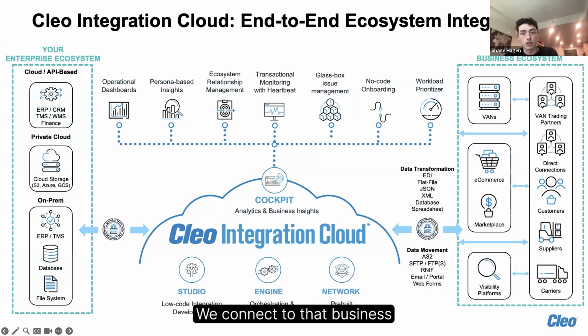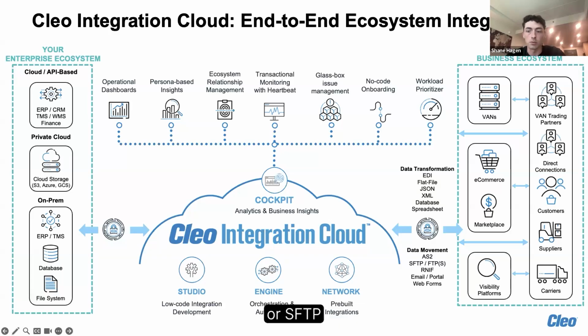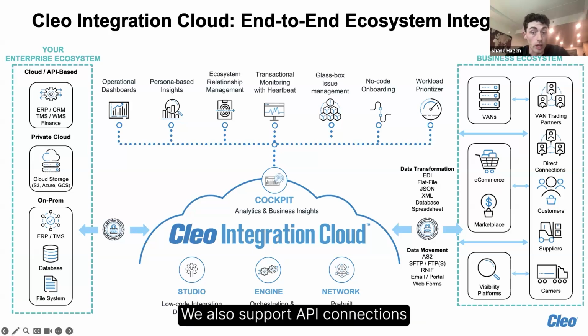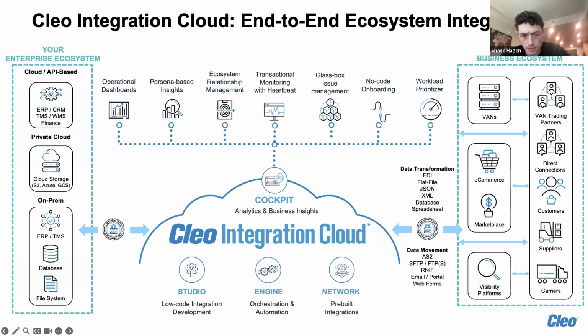We connect to that business ecosystem in whatever way they want to communicate, whether that's AS2 or SFTP for more traditional EDI connections. We also support API connections to connect to e-commerce marketplaces or visibility platforms. So really, we support a slew of communication protocols to enable connectivity to your business ecosystem and get data moving through our Clio integration cloud in the middle.